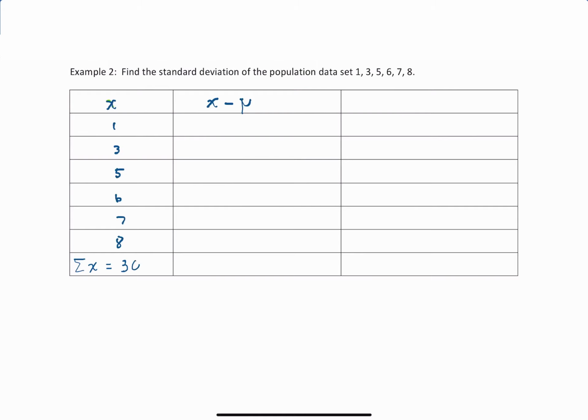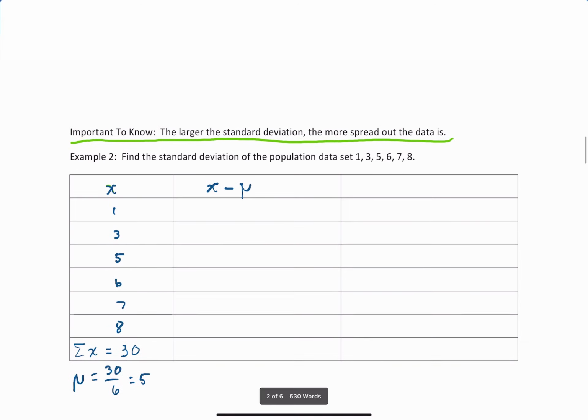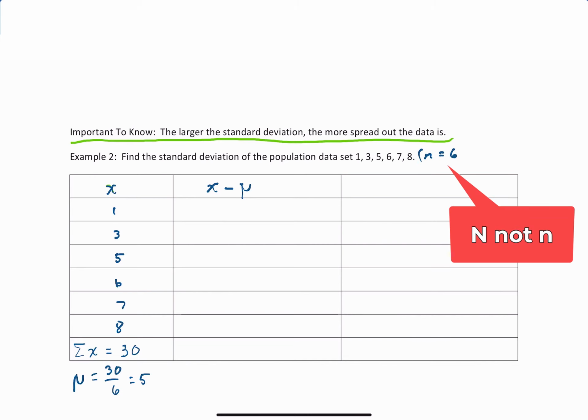That sum is 30. So I know that mu is 30 over 6, which is 5. By the way, I don't know if I made it clear that n in our formulas is the number of data values. And since there's 1, 2, 3, 4, 5, 6, n in this case is 6.